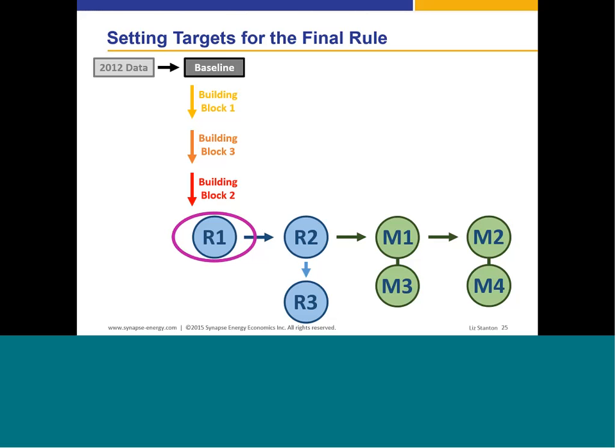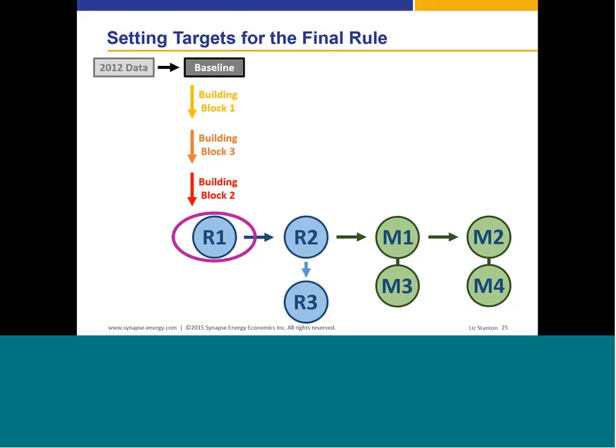And we started with the baseline data. We made these adjustments to it using the building blocks that Pat described. And from those ingredients of information, we can then calculate each of the targets that are necessary for these compliance paths. What you're seeing here in the schematic is that the targets are related to one another.